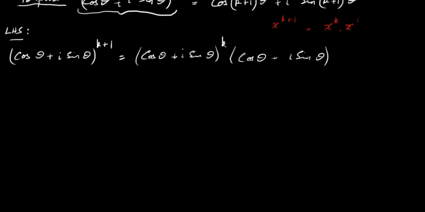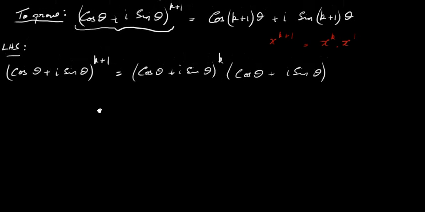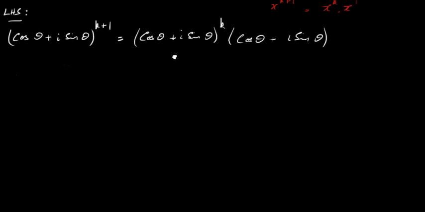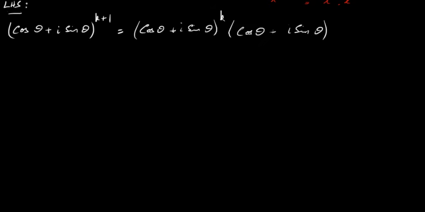Now, we know that this part here works. This is true. We're assuming that (cos theta + i sin theta)^k is equal to cos k theta + i sin k theta. So I can bring the k down here. We've assumed that that is true, so I'm just going to write that out next.